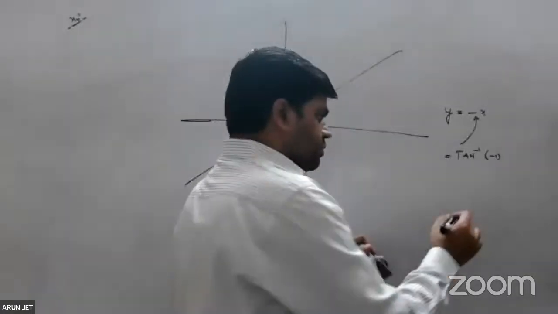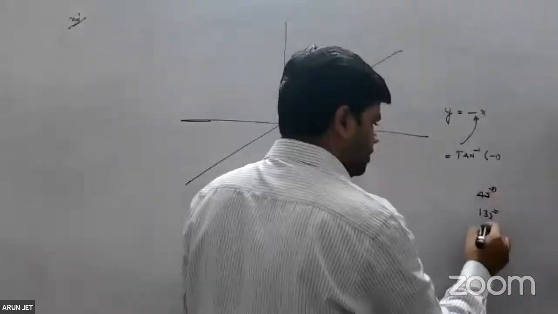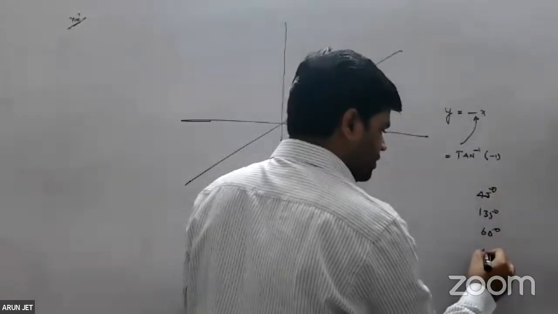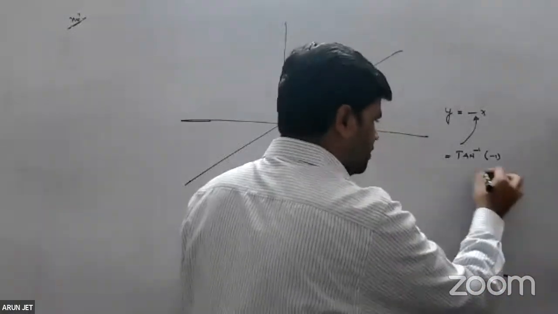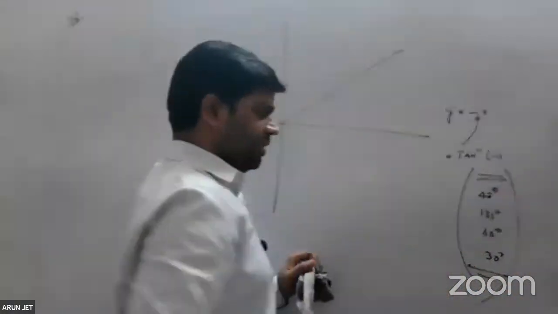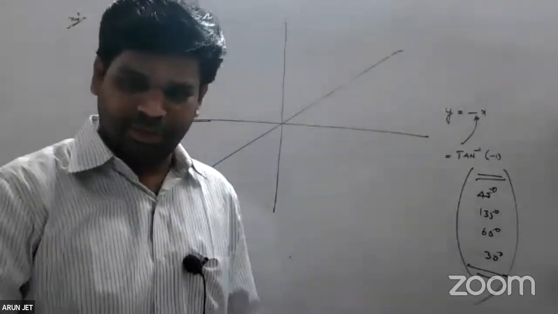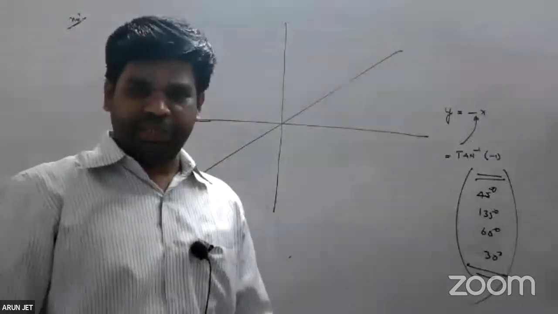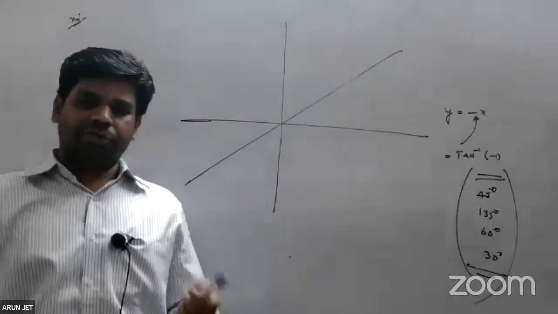I'll give you the options: 45 degrees, 135 degrees, 60 degrees, 30 degrees. Pretty easy options, you can easily get it. Can you tell me what is tan inverse minus 1? Either you can use yesterday's geometry or from memory.